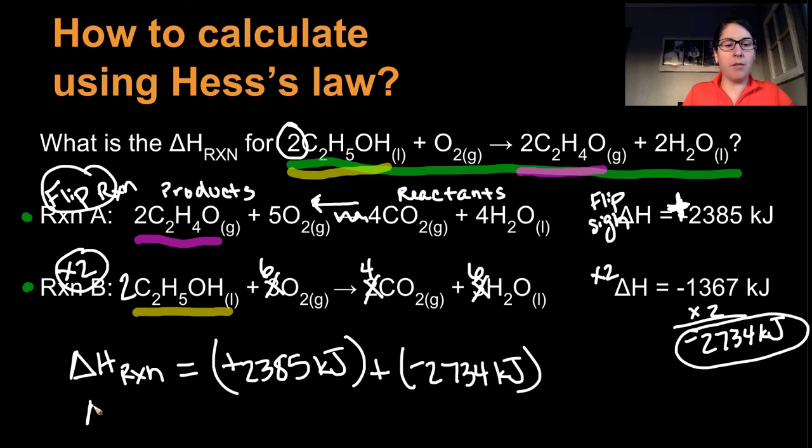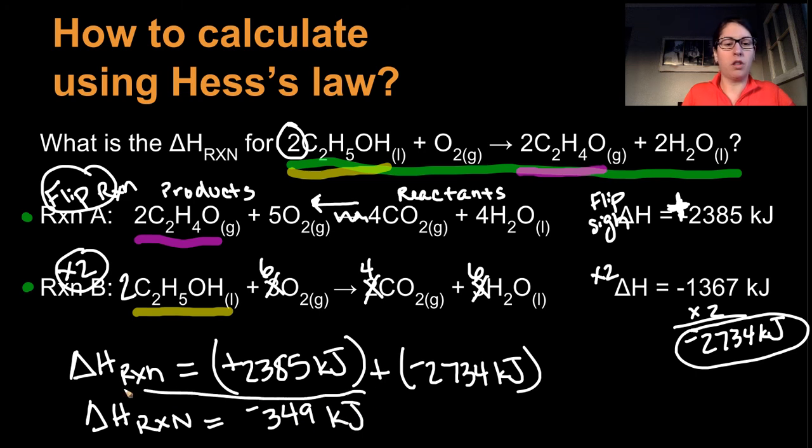And when I do that, my delta H of reaction, the enthalpy of my reaction, is going to be a negative 349 kilojoules. So there is my answer.